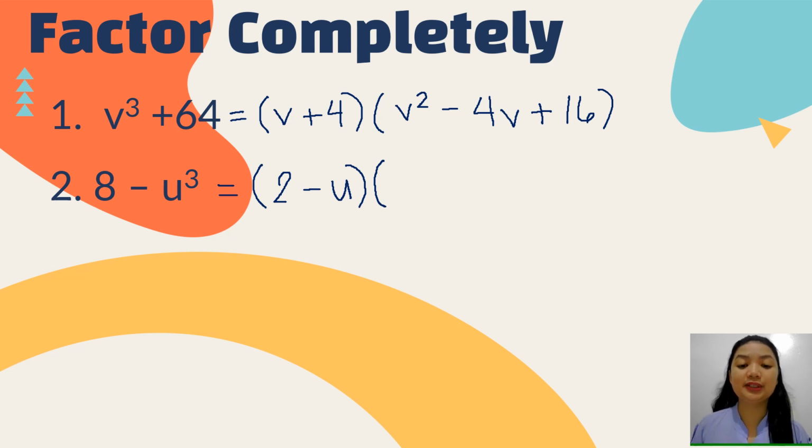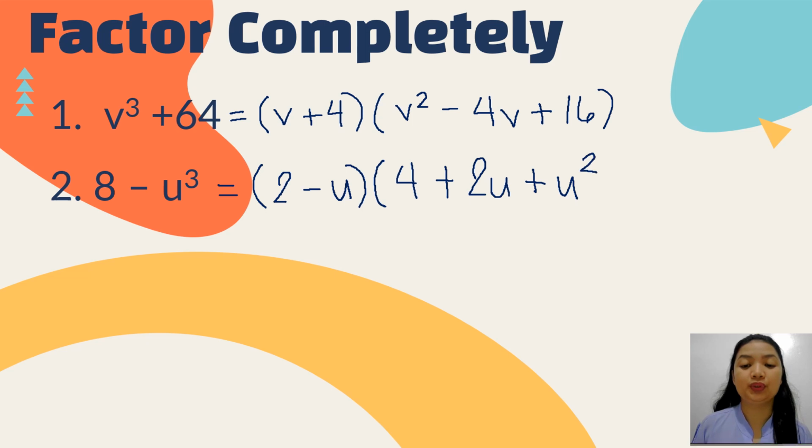So we square the first term, which is 2. 2 squared is 4, plus 2u, this must be positive since the binomial is already negative, plus the last term, u squared.